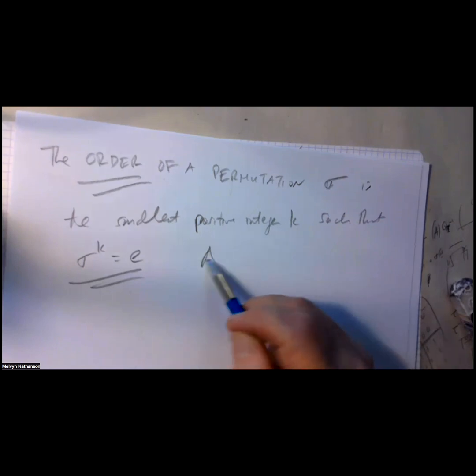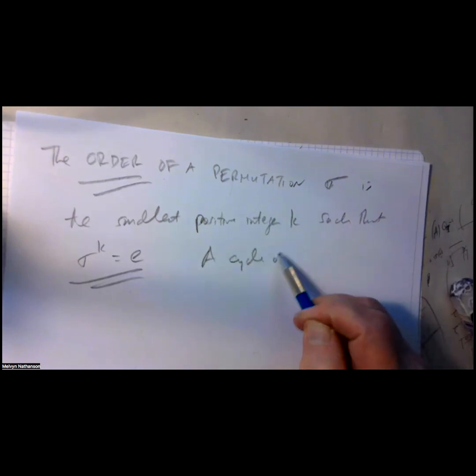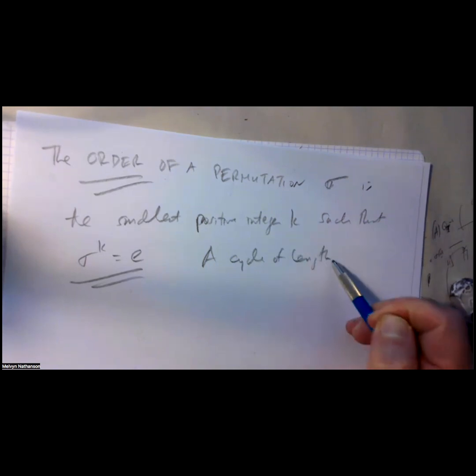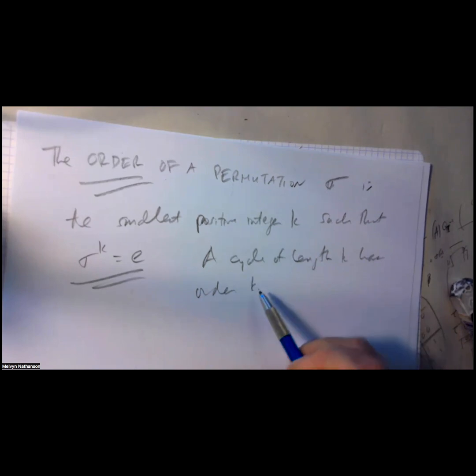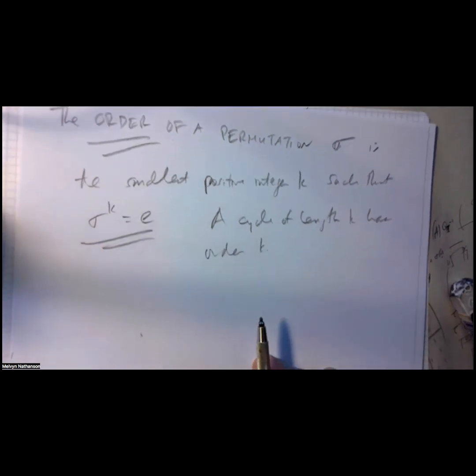And a cycle of length k has order k. This is really a little theorem.